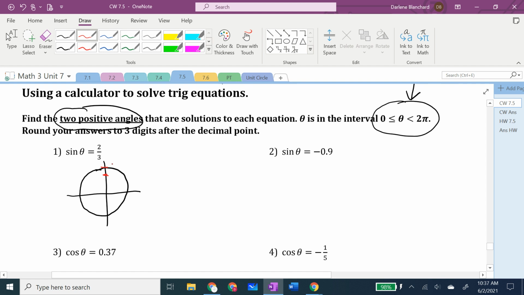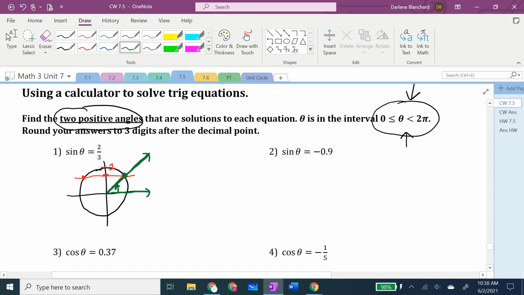So understanding that this is y equals 1, 2/3 is here, and that takes us to two specific angles between 0 and 2 pi. And just to make sure you're clear, those two angles are whatever angle it takes, so that the initial side being here at 0 and the terminal side goes through a point on that unit circle where the y coordinate is 2/3.